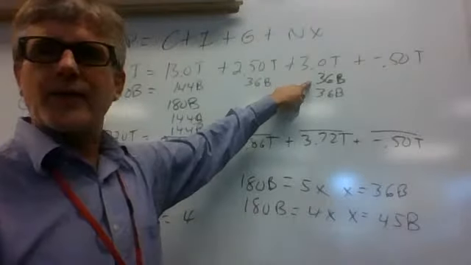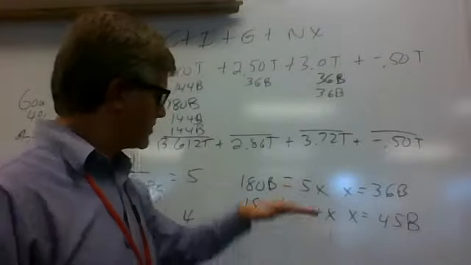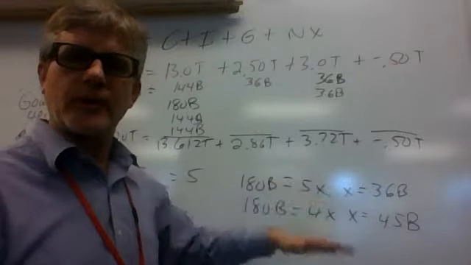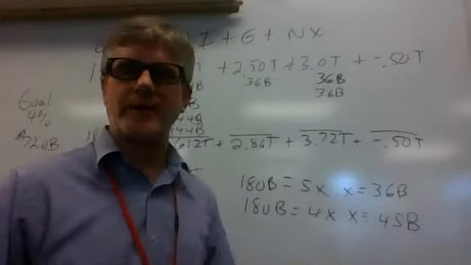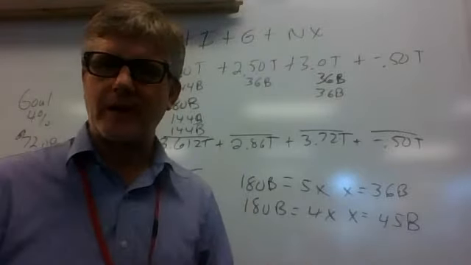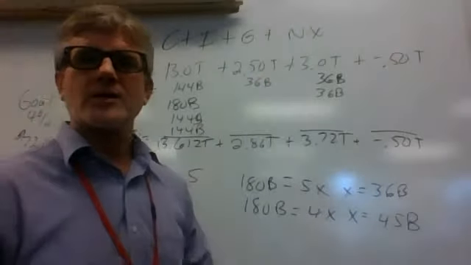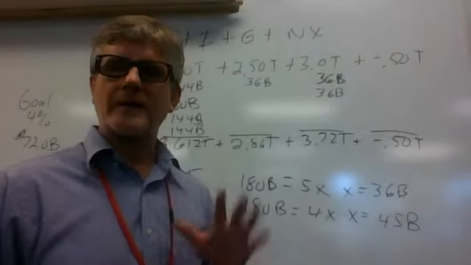Here I've got 36 billion and 36 billion, so that's 2 people doing government spending. One might be doing education, one might be doing NASA, one might be doing whatever it might be, but they're spending 36 billion, 36 billion. So the multiplier is 5.